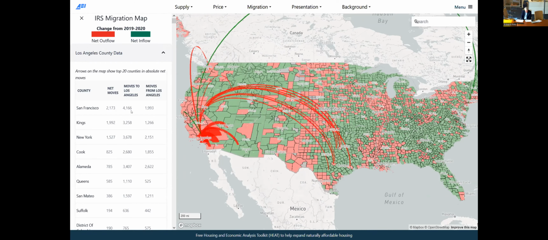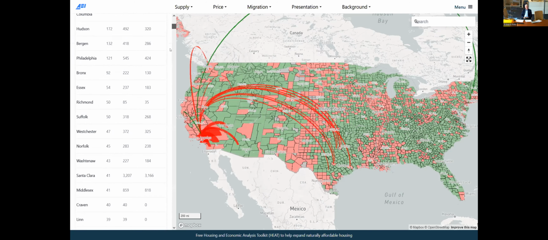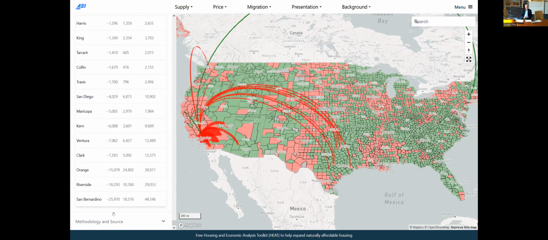So we see for LA that mostly it's outflow, and the outflow is way down at the bottom. And you see San Bernardino, which we've already seen from the move-up buyers, is the biggest. Riverside and San Bernardino. Now we're looking at counties, and so Riverside and San Bernardino are each a county, and we see those are both at the bottom of the list, which makes them the highest amount of inflow.